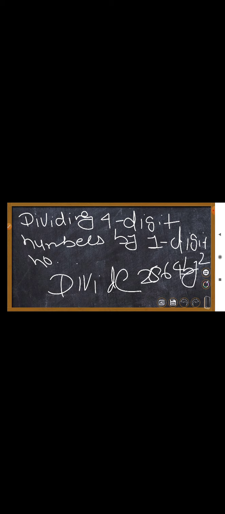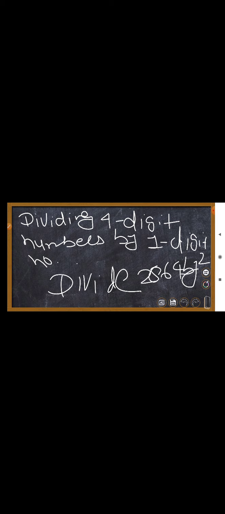This is the short form, the abbreviated form of numbers, but you children should write the complete number. Okay, now I will explain here. Divide 2864 by 2. Okay, so let's start.